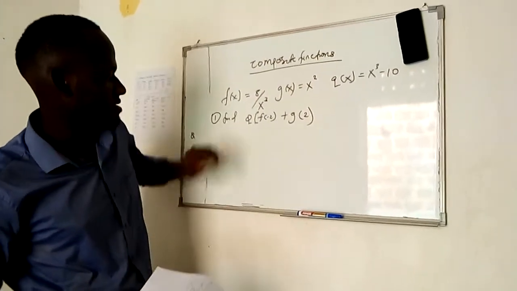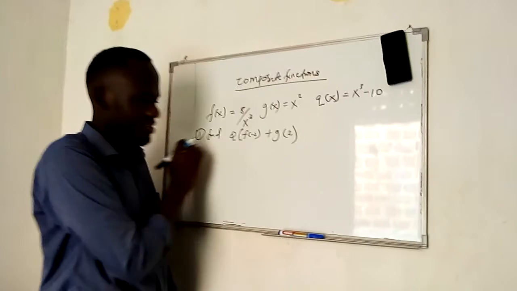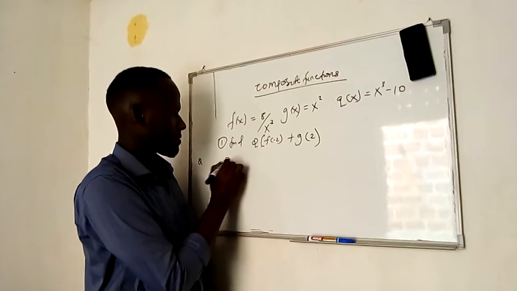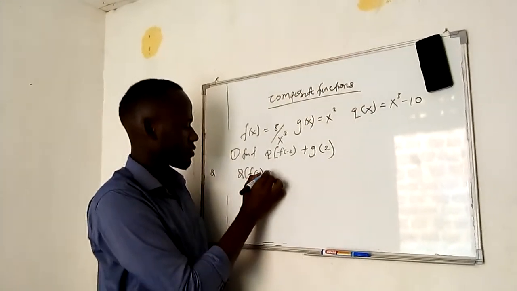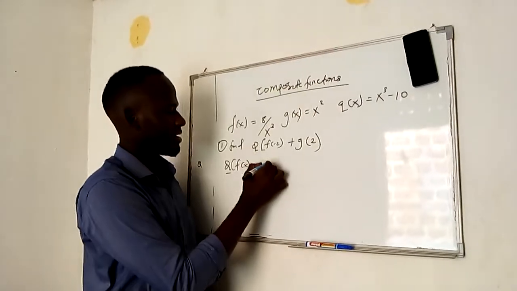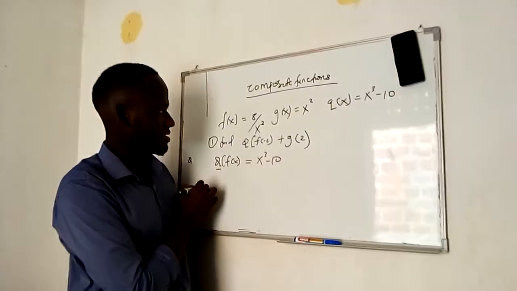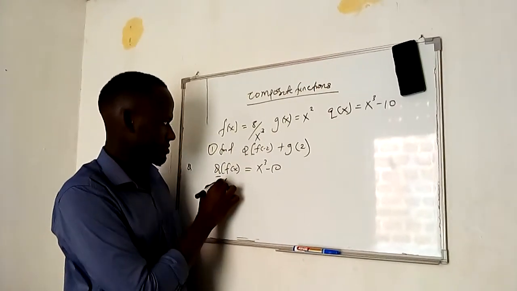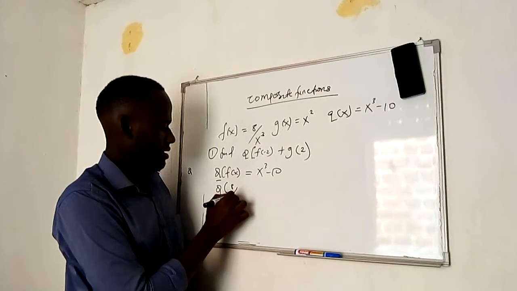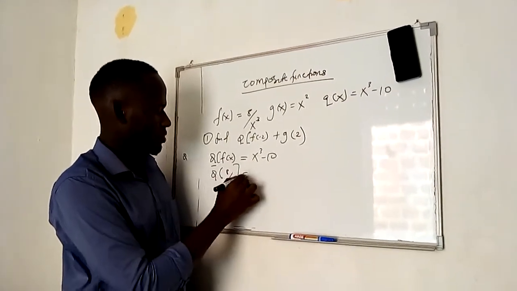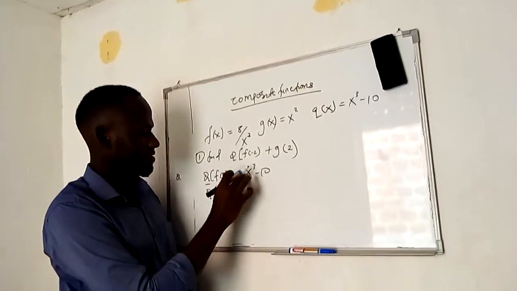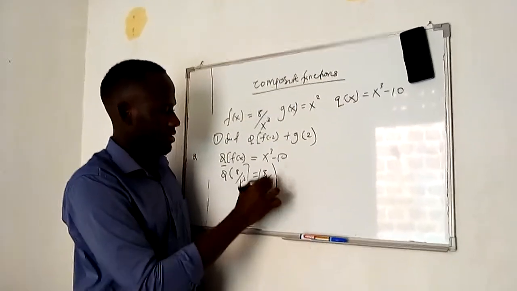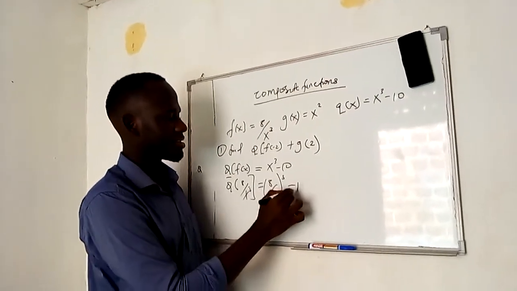Now here you must first know what is the value of this. If you want to solve this, q of f(x) will be given by x cubed minus 10, yes? Then what is the value of x? This is q of f(x), where f(x) is 8 over x cubed, which will be substituted in the value of x, where we shall have 8 over x cubed, all cubed, minus 10.